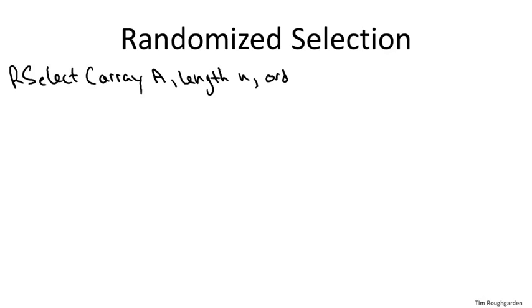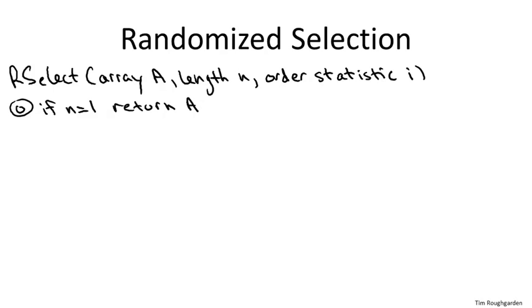And according to the problem definition, it takes as input, as usual, an array A of some length n, but then also the order statistic that we're looking for. So we're going to call that i. And of course, we assume that i is some integer between 1 and n inclusive. So for the base case, that's going to be if the array has size 1, then the only element we could be looking for is the 1st order statistic, and we just return the sole element of the array.